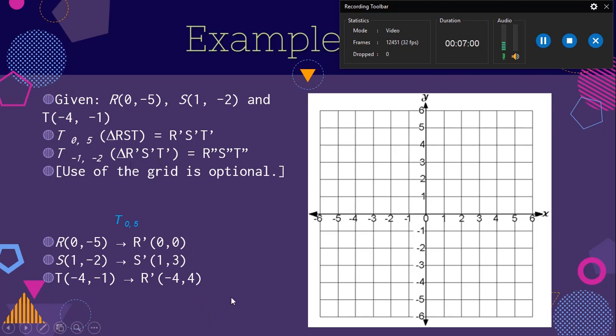So I'm going to just keep building. I'm going to place my new rule. And then we're going to subtract 1 from X and subtract 2 from Y. So R double prime, S double prime, and T double prime. So we did a complete mapping without having to graph anything.